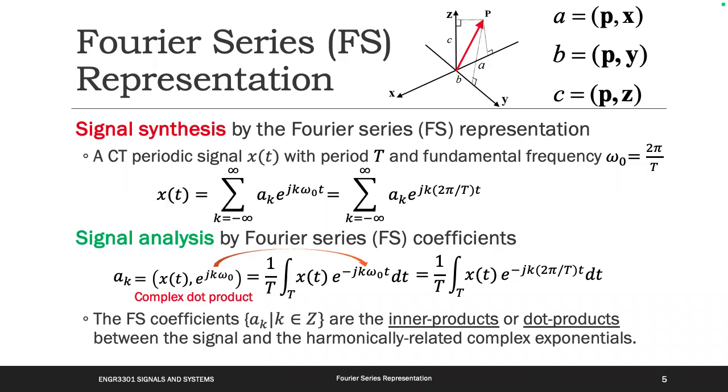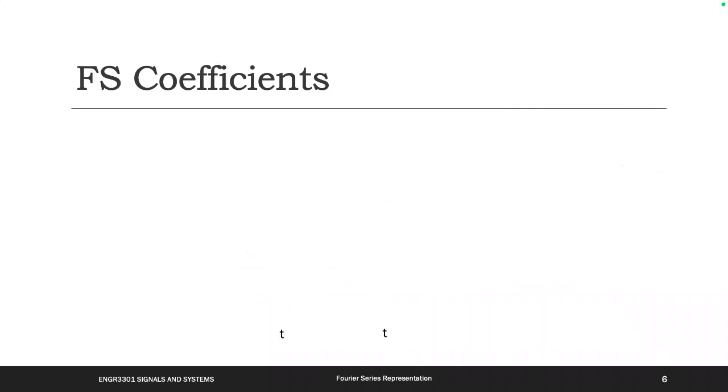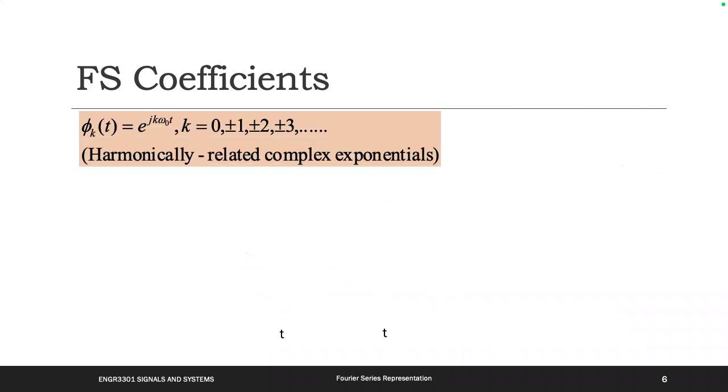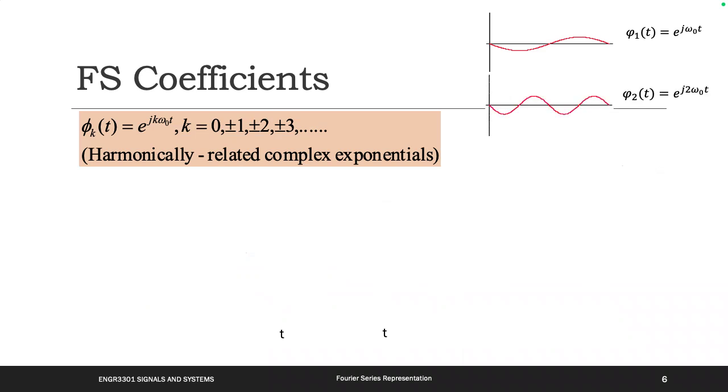And then the FS coefficients are the inner products, or the dot products, between the signal and the harmonically related complex exponentials. And for the FS coefficients, this is the harmonically related complex exponentials. For example, the ω₀ is fixed. This is e^(jω₀t), and this is e^(j2ω₀t).